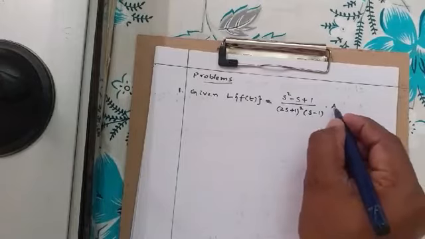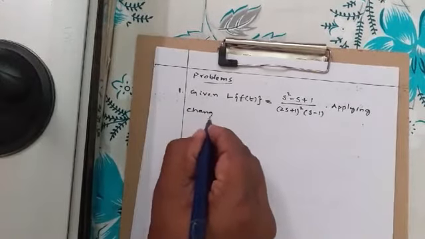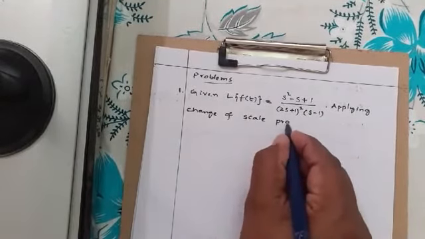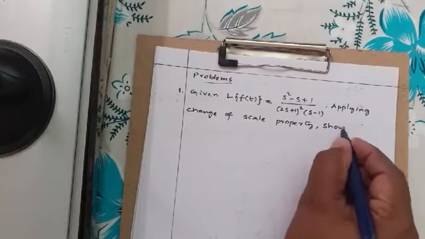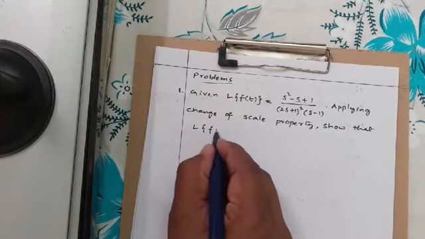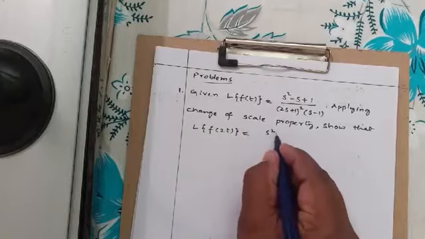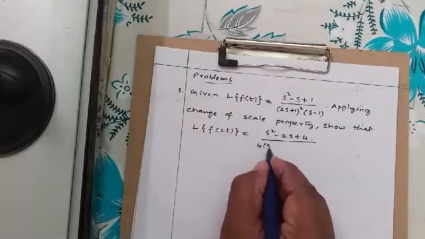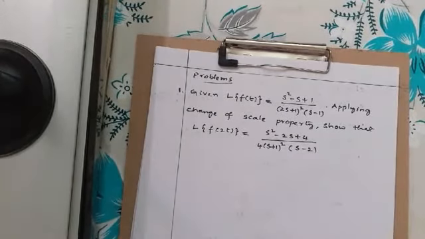Now applying the change of scale property, show that Laplace of f of 2t is equal to s square minus 2s plus 4 upon 4 into s plus 1 whole square into s minus 2. Now we have to show this one.